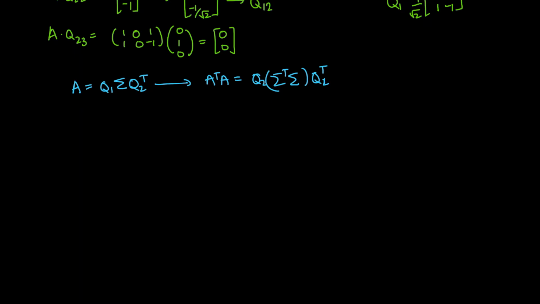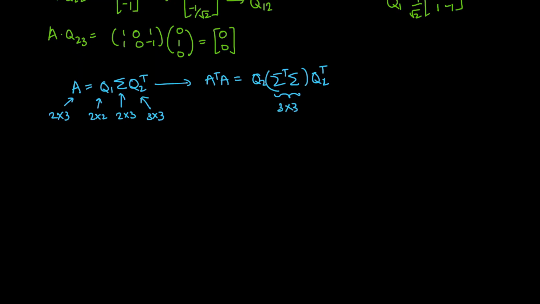So let's look at the dimensions one by one. A is of dimension 2 cross 3. Q1 is of dimension 2 cross 2. Sigma is of dimension 2 cross 3. And Q2 transpose is of dimension 3 cross 3, right? So sigma transpose sigma will be of dimension 3 cross 3.